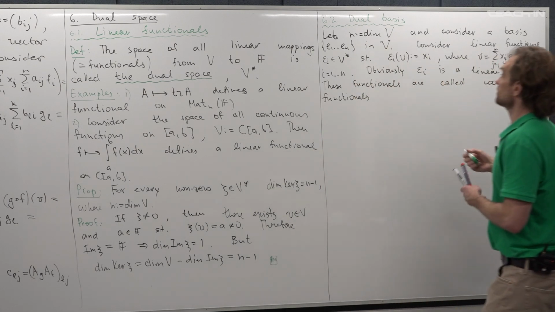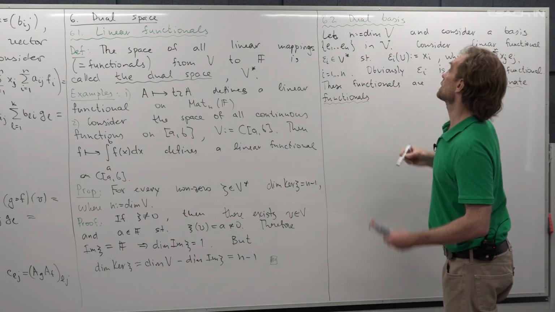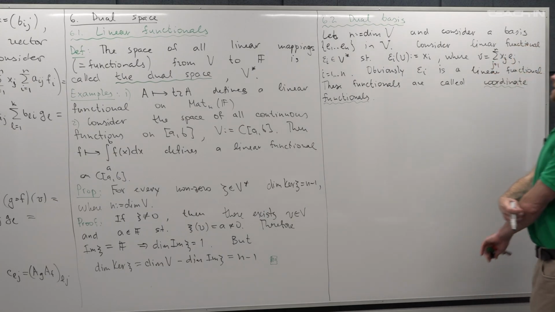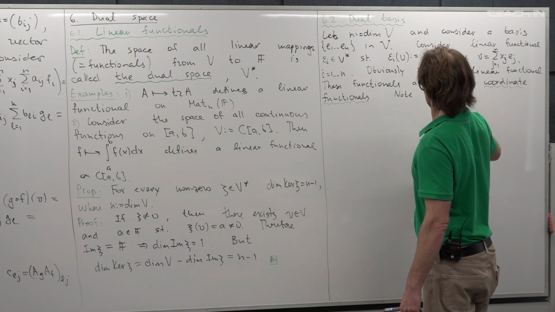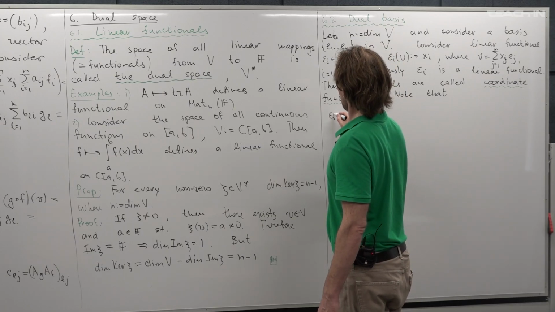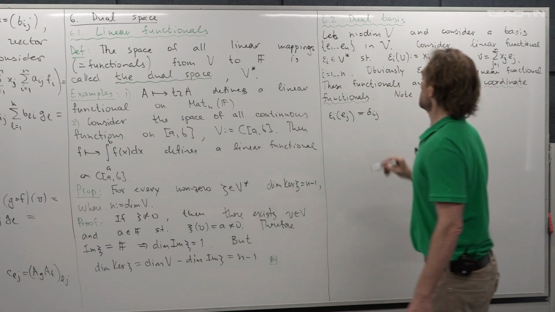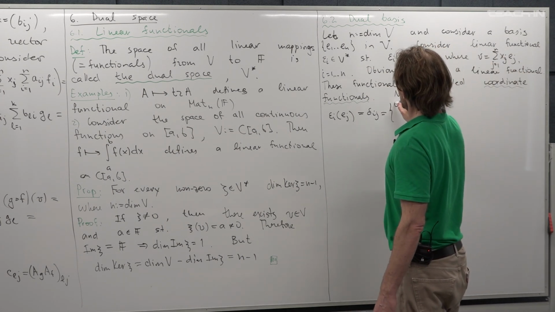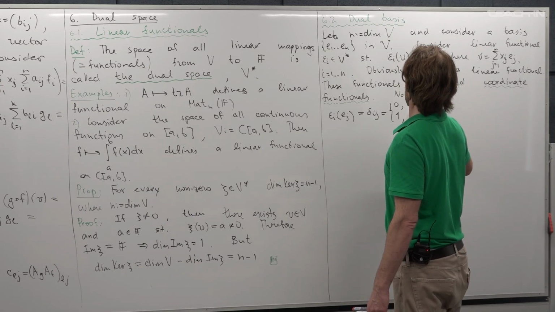just because they assign to every vector its coordinate with respect to some basis. And note that epsilon sub I of E sub j is delta sub ij, so I will just explain this notation, which is 0 if I is different from j and 1 if I equals j.